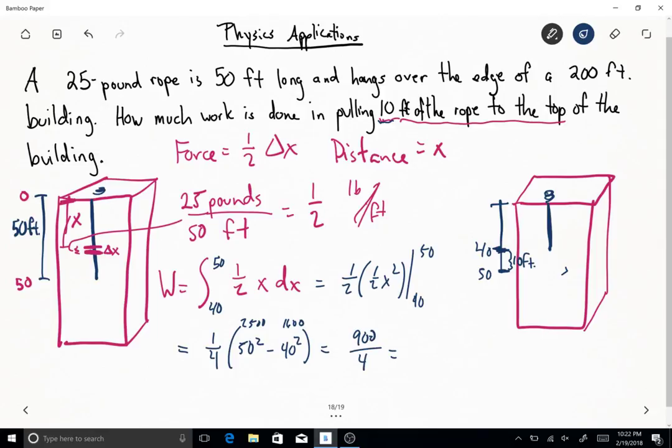You can write this as 9 times 100 divided by 4, and if you take $1, you have 4 quarters essentially, so this is 9 times 25, which should be 225. Our answer, notice we have feet and we have pounds, so the work done is in terms of foot-pounds.